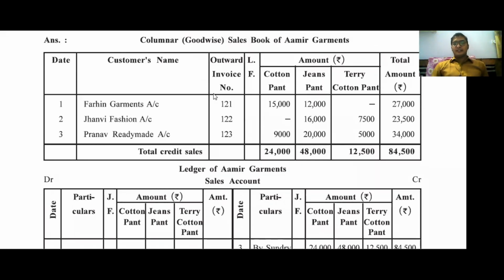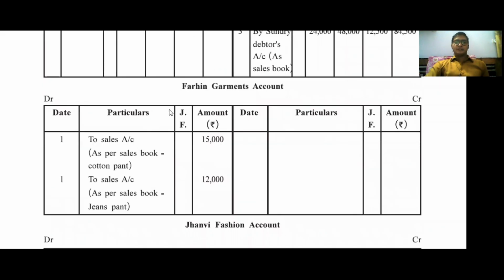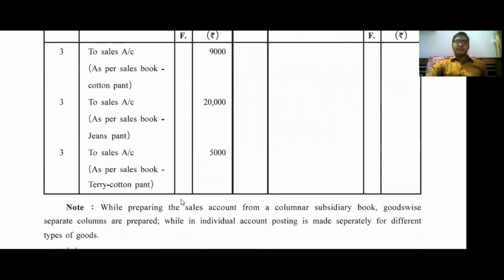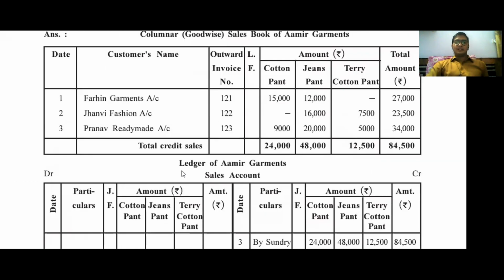In the ledger accounts, first is the sales account, then these three names: Farhin Garments, Janvi Fashion, and Pranav Readymade. So there are three ledger accounts for these three customers and one for the sales account.